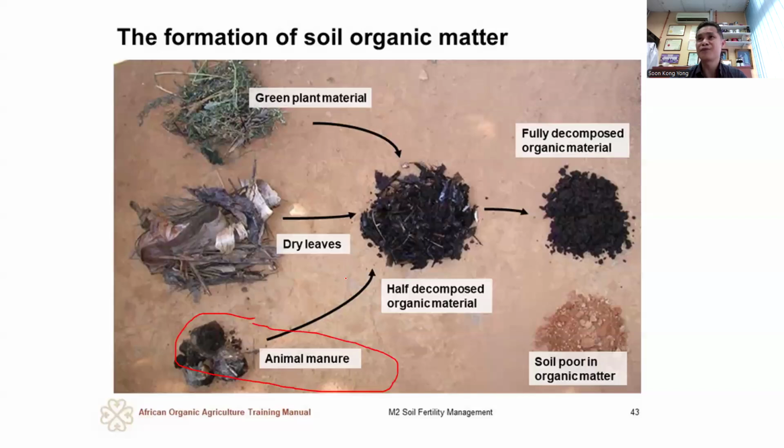Animal manure is the feces of animals, sometimes human also counts, although we usually use animal manure for boosting crop fertility, and we avoid using human feces. All of which are organic matter. And after a complete decomposition, it turns dark.